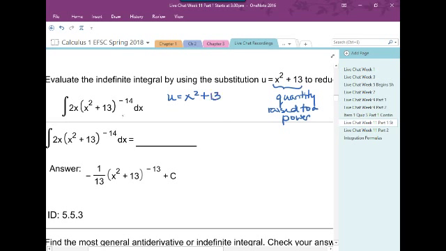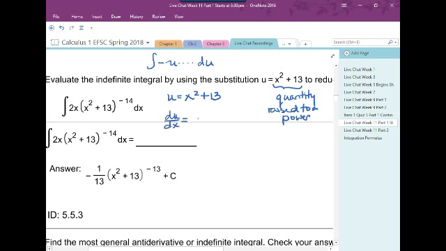Now, what we would like to do is to form an integral that has some kind of expression with u's in it, and then a du on the end. In order to do that, we need to figure out what du actually is equal to. So what that involves is finding the derivative of u, du dx.